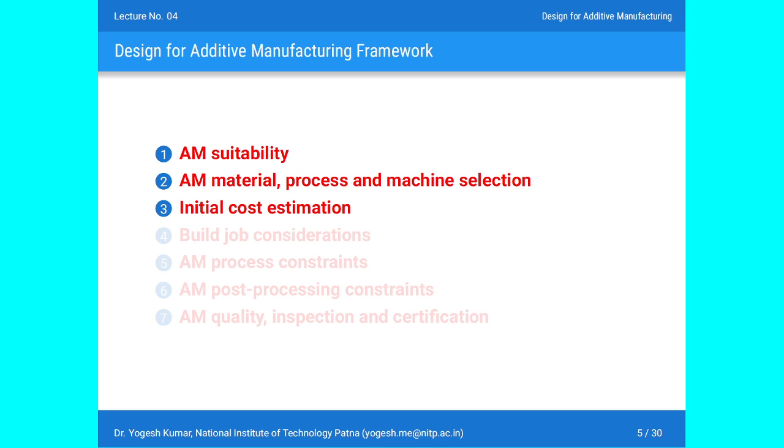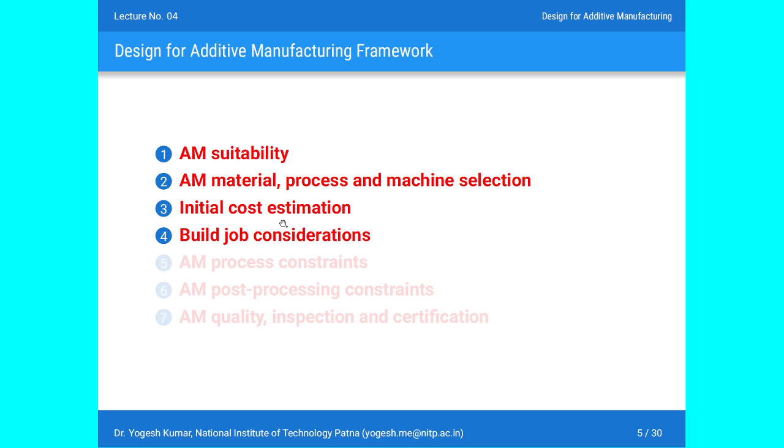As I told you even in the previous lecture, if you put your material cost as well as material density in your slicing software, you can estimate your initial cost per product.